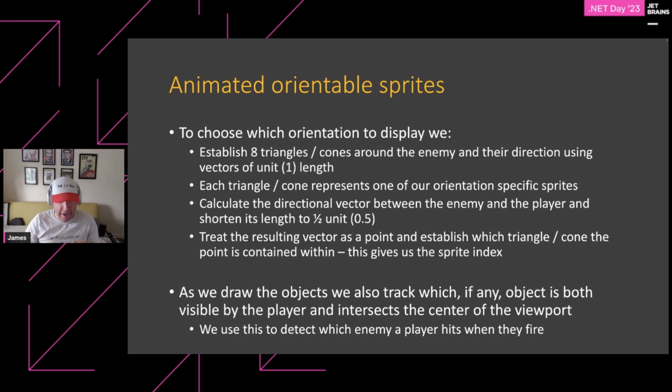We then look and say, what's the direction of the player from the enemy? And then we shorten that direction vector so that it fits inside the triangles. If the triangles have unit 1 length, we just need to take the same direction from player to enemy and shorten it so it will fit inside those triangles, but in the same direction. We then say, okay, that vector is a point. We use the XY as a point, and we can use that to figure out which triangle we've landed in.